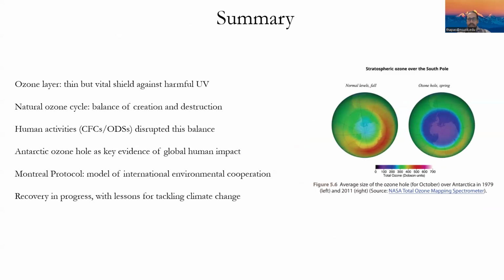Summary of the chapter. This chapter has highlighted the fundamental processes governing stratospheric ozone, its role in filtering harmful ultraviolet radiation, and the ways in which human activities have disrupted this balance. The Antarctic ozone hole stands as clear evidence of large-scale atmospheric change, while the Montreal Protocol illustrates how international cooperation can mitigate such challenges.